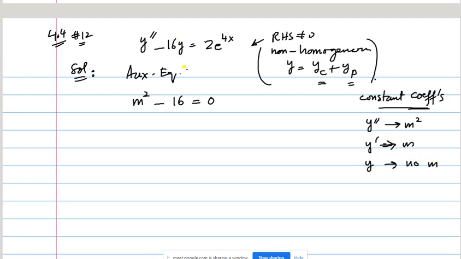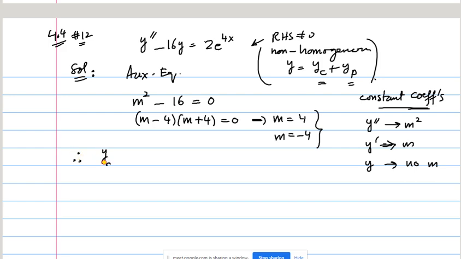So see, y gives me no m here, but y double prime gives me m square. Now if I take factors, these are m minus 4, m plus 4 equal to 0. So you got m equal to plus 4 and m equal to minus 4. These are two distinct roots.